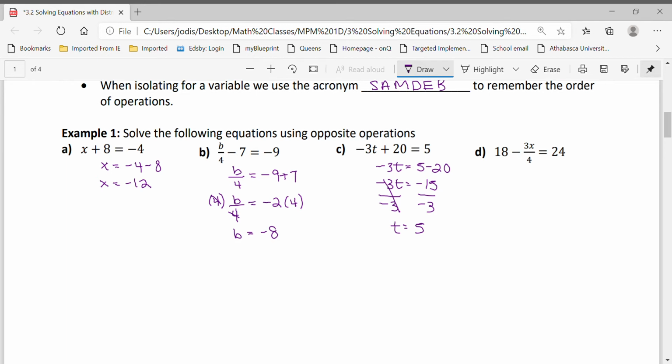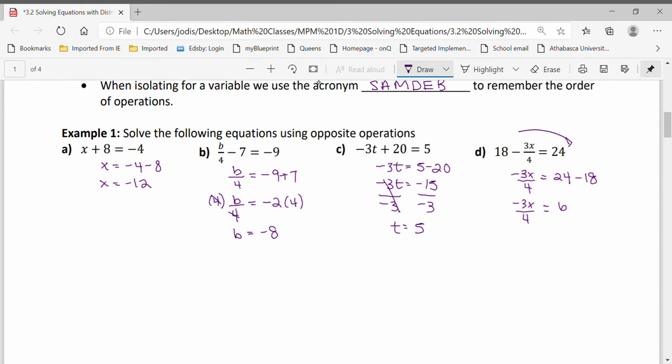Okay, and then this last one here, well, we're adding 8, we're dividing by 4, and we're multiplying by negative 3. So we've got a lot to do here. So again, we want to get rid of this adding first. So I'm going to leave that fraction alone. And then this 18 here, we're going to bring it over here, and then we're going to subtract now. So we're left with 6.